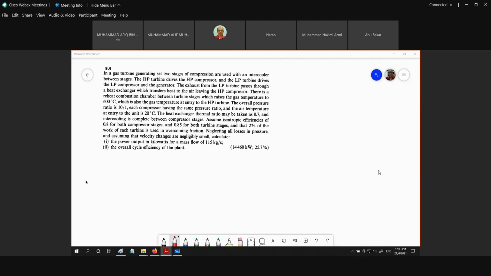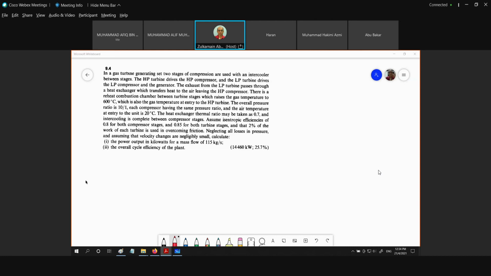The exhaust from the low pressure turbine passes through a heat exchanger which transfers heat to the air leaving the high pressure compressor. There is a reheat combustion chamber between turbine stages which raises the gas temperature to 600 degrees C, which is also the gas temperature at entry of the high pressure turbine.